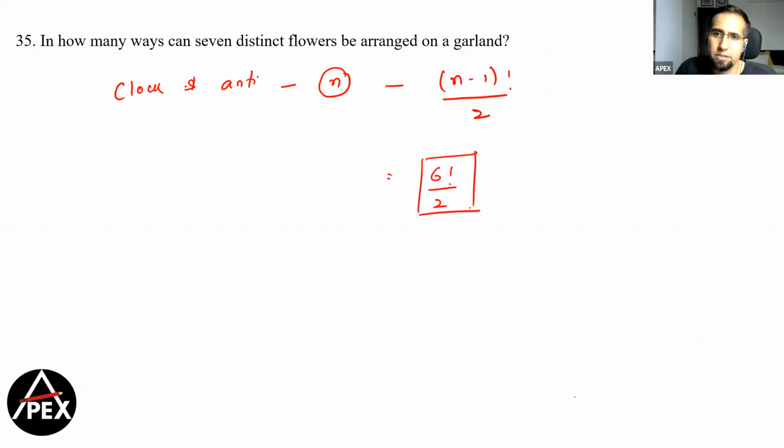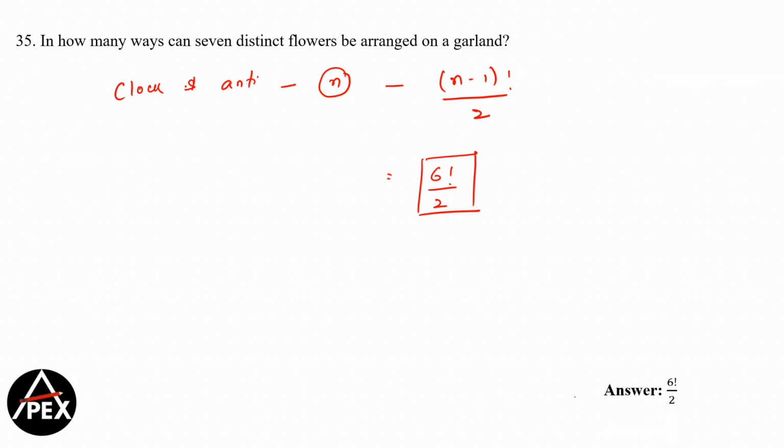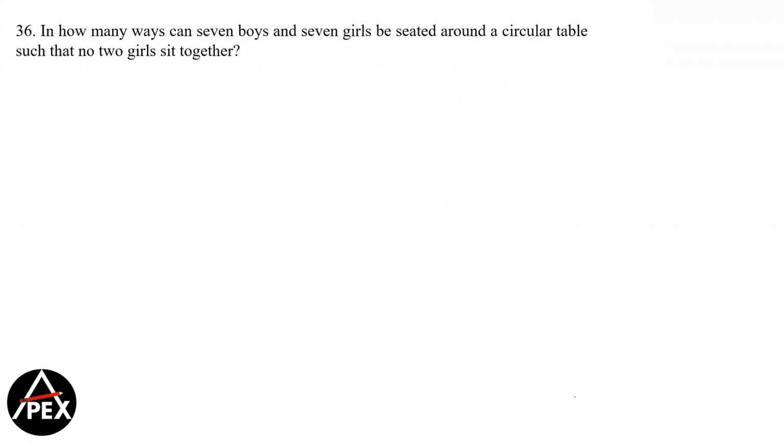Always remember this, guys. Be it distinct or identical, garland or necklace, the clockwise and anti-clockwise are always the same. So therefore, we are dividing by 2. Can we solve this, guys?